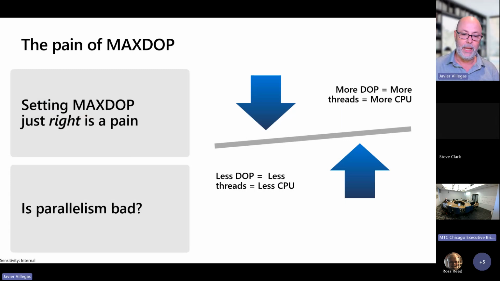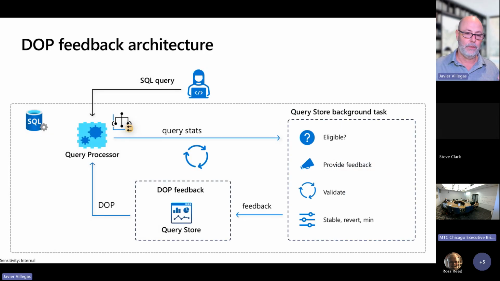And if it does, it will do it for us without any code change. So we run the query for the first time, the query processing will compile it, and using the Query Store, this repository of performance data, it will evaluate if eventually it will require another DOP.